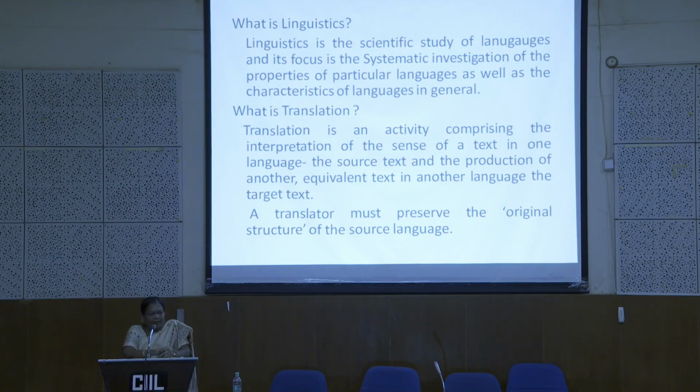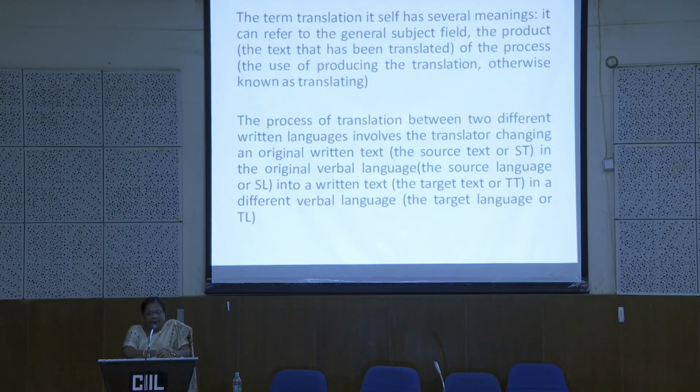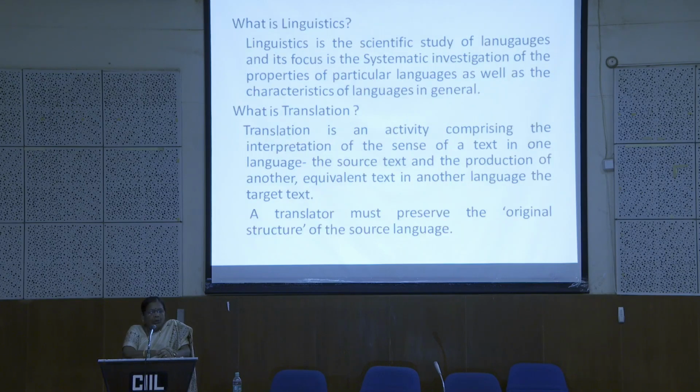The first one is intralingual translation. What is intra? Within a language. So if you are converting a message within the same language, that is called intralingual translation.